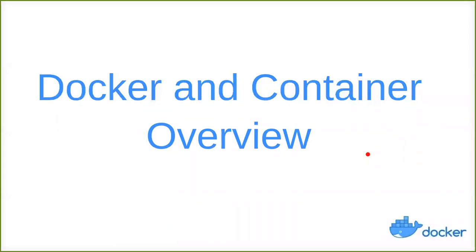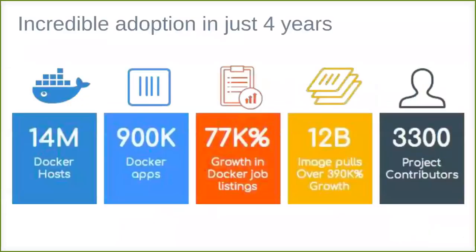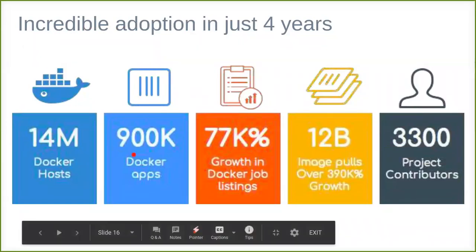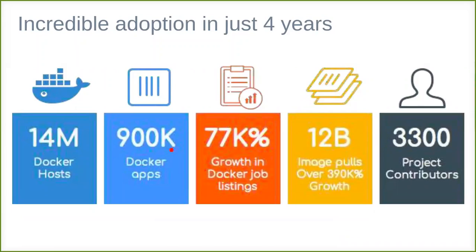Okay, so let me just tell you about Docker, and how Docker started. Before giving you the history, I'll tell you Docker has a lot of opportunities. Look at what you see in these graphs. All the numbers are very big, but still, in 4 years we have got 14 million plus Docker hosts, and 900k apps.